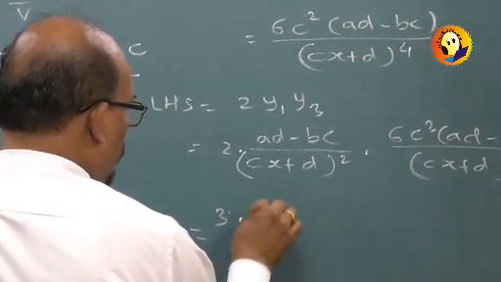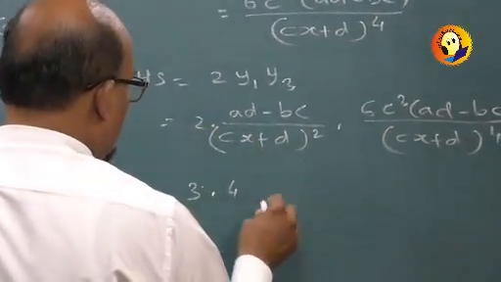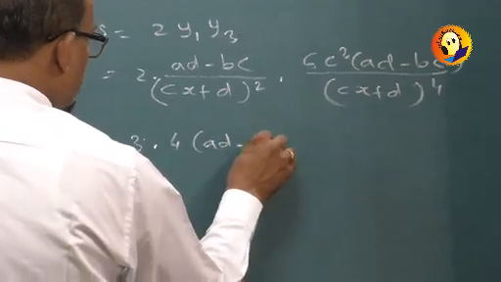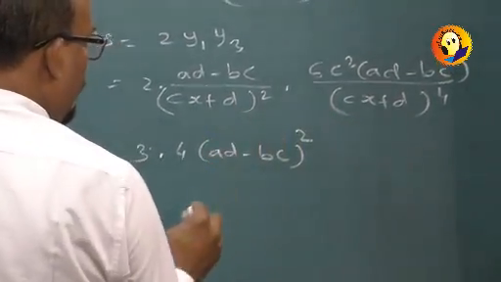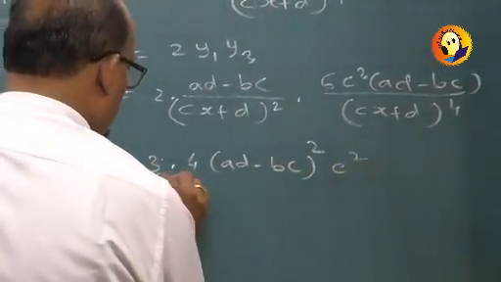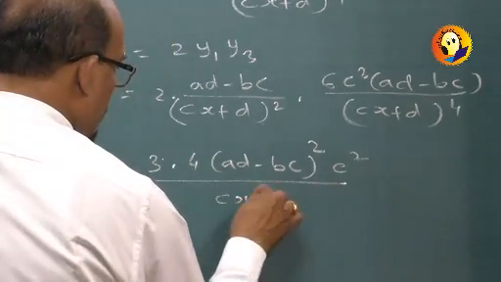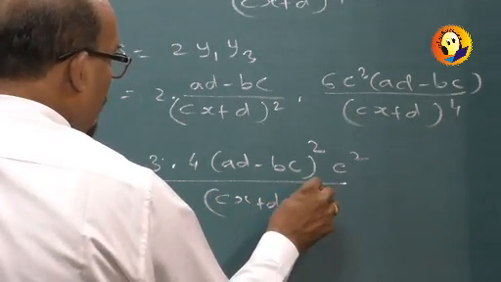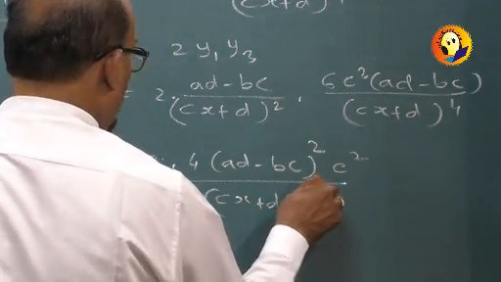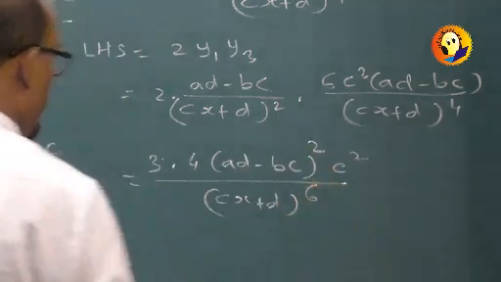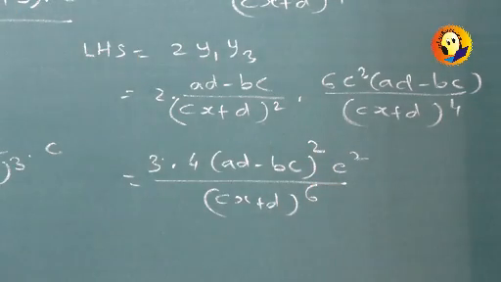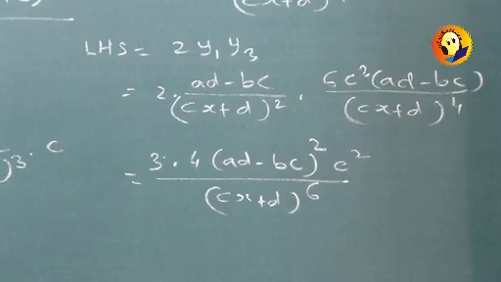That gives us 3 into 4. I am writing 12 in that manner: (ad minus bc) squared c squared upon (cx plus d) raised to 6. I have written it purposely because I have already seen this y2.